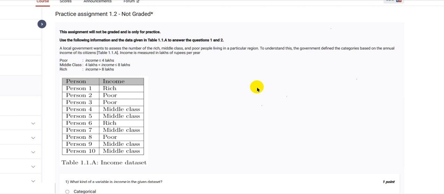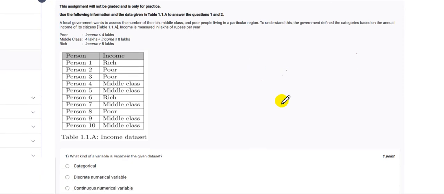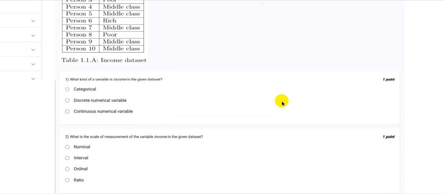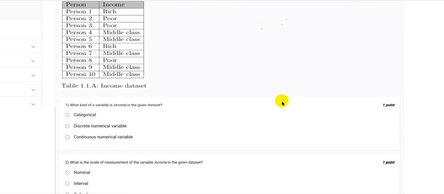So our first question: what kind of a variable is income in the given data set? Here we can see income is defined as rich, poor, middle class, like this.